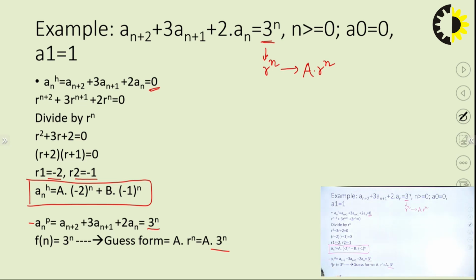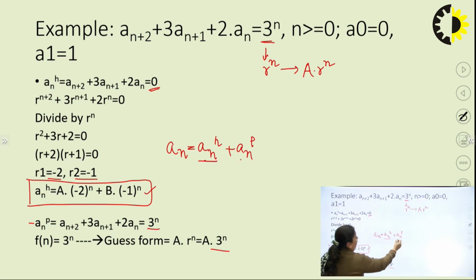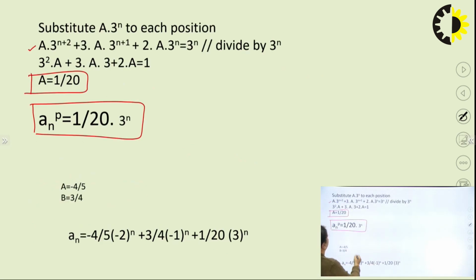Now to find the entire solution, we have a_n = a_n^h + a_n^p. The h part I got from here and the p part I got from here.